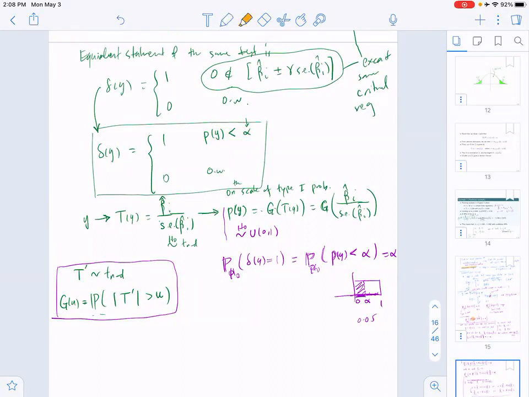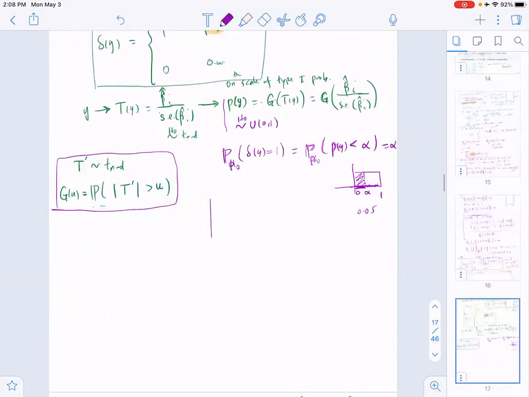Because you'd expect that under the alternative, the p-value is not uniform. Under the null, the p-value is uniform, so if you plot the CDF, it would look like this. However, under the alternative, usually you'd have something concentrated near zero. Hopefully, most of the time it's very close to zero.